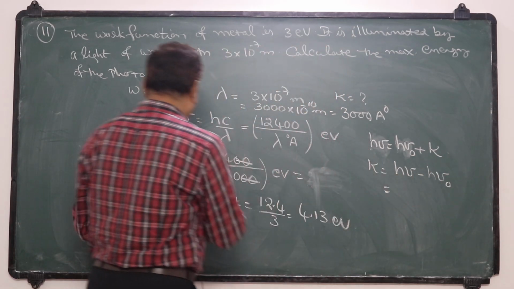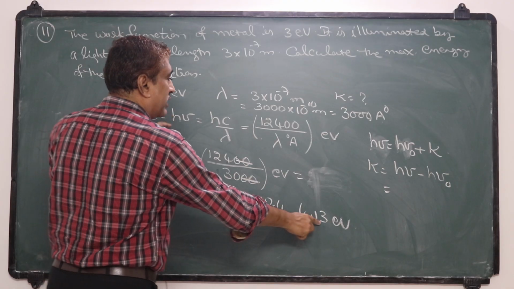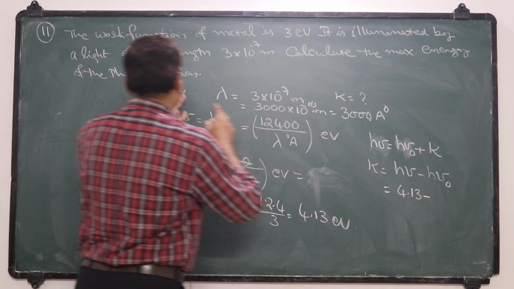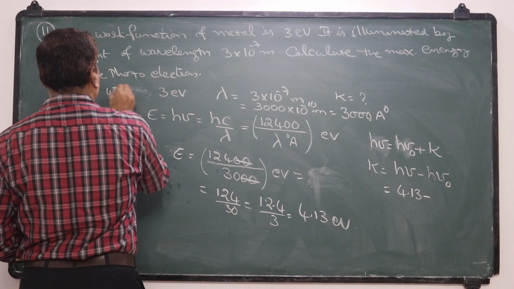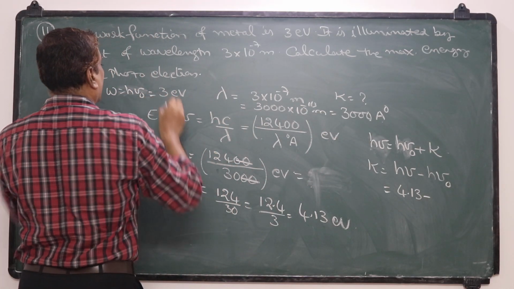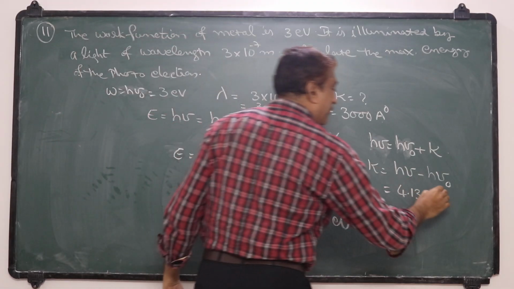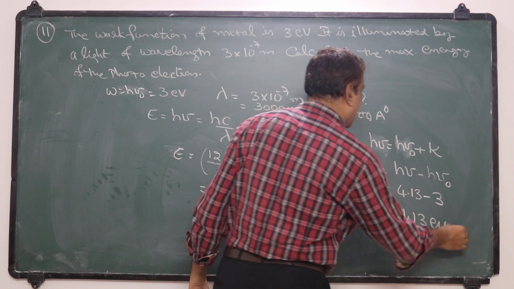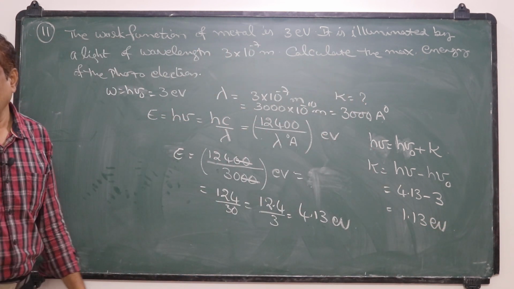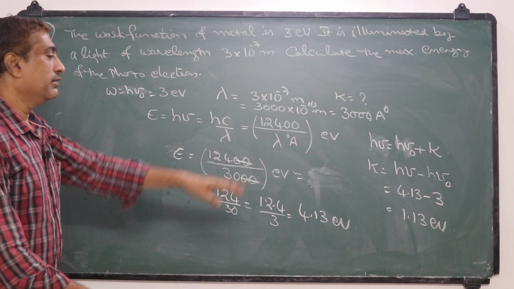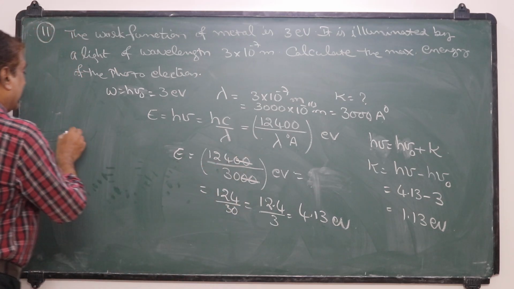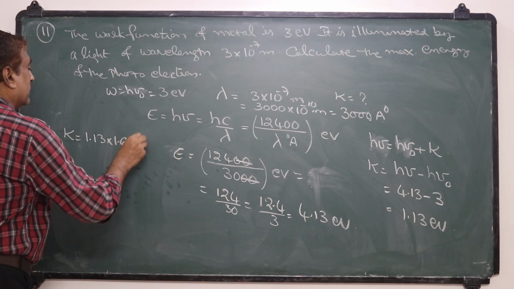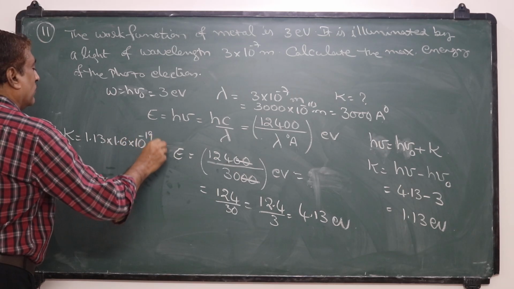That is, as h nu we have calculated in electron volt as 4.13 minus h nu naught, W equal to h nu naught, that is equal to 3 electron volt, that is 1.13 electron volt. Suppose if we are asked to find in joule, then kinetic energy is equal to 1.13 into 1.6 into 10 to the power minus 19 joule.